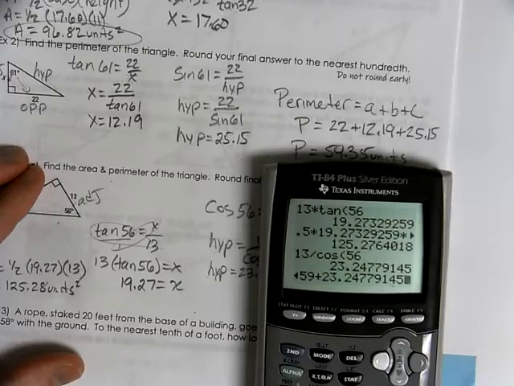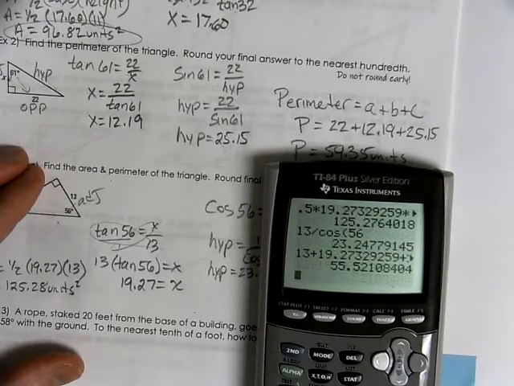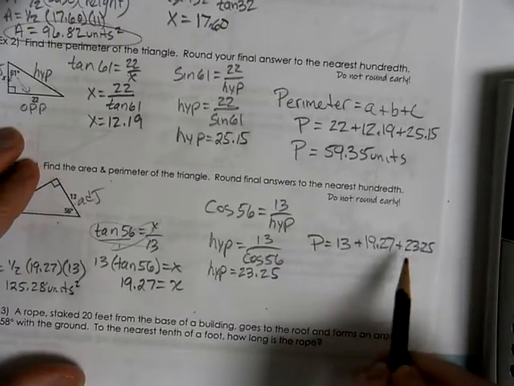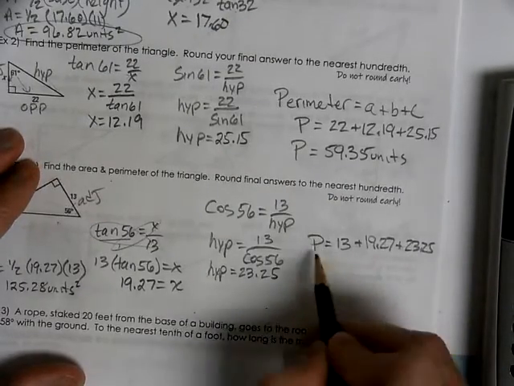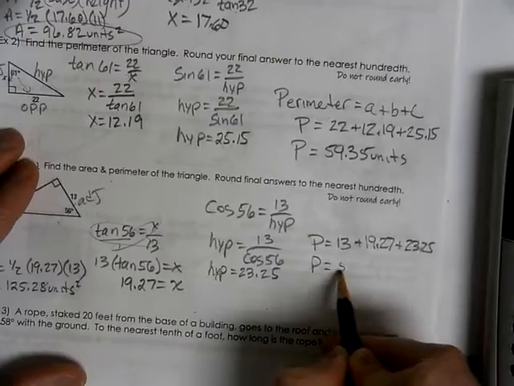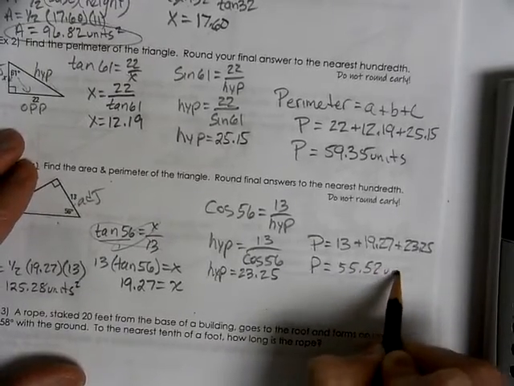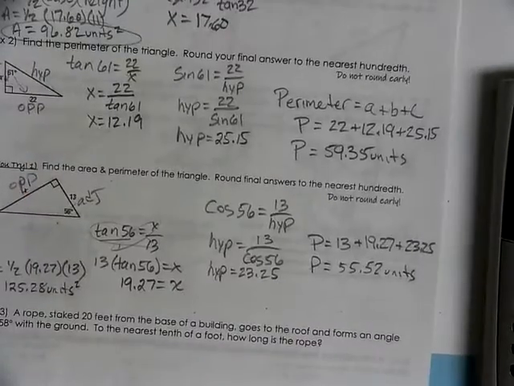So we're adding those all together. We get 55.52. And those are units.